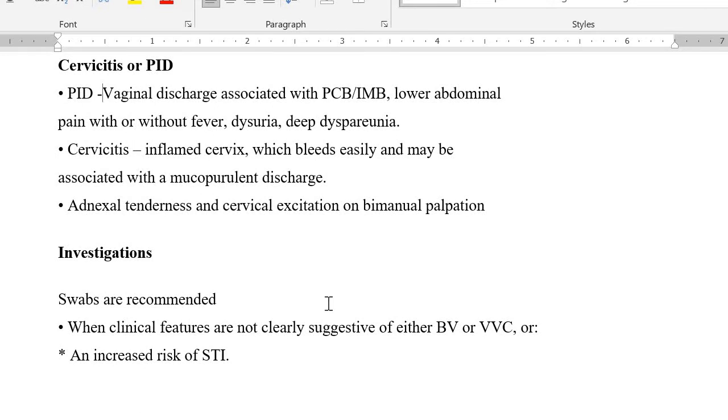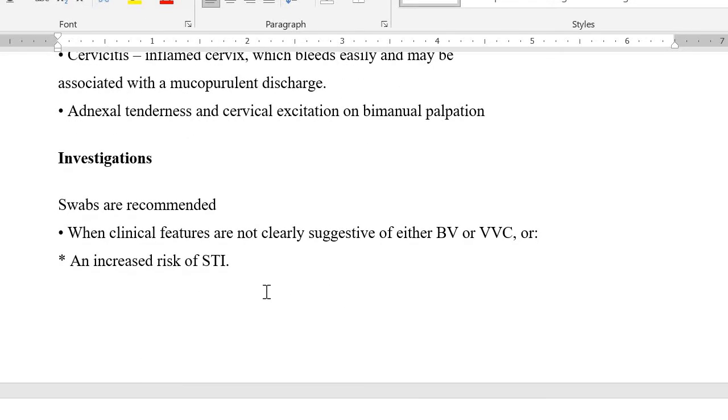Then what investigations should be done? Swabs are recommended when clinical features are not clearly suggestive of either bacterial vaginosis or vulvovaginal candidiasis. You don't suspect bacterial vaginosis if there is no thin grey watery discharge with a fishy odor. If copious greyish thin discharge is not there, and whitish discharge is not there, these two things have been excluded, then you will take the swabs.